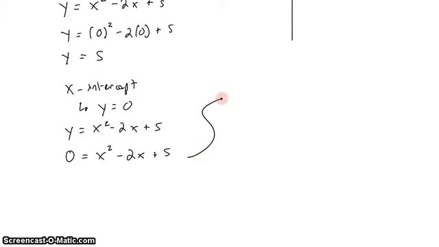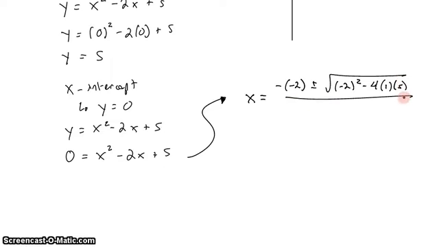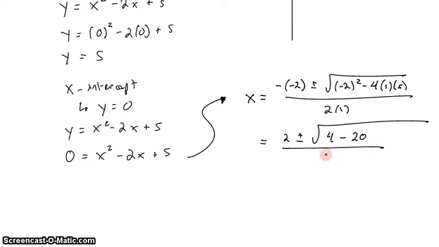So I think my first port of call here is either going to be polyroots if I have a calculator, or the quadratic formula. That's going to be negative b, so negative 2, plus or minus the square root of b squared minus 4ac, all over 2a. Negative negative 2 is 2, plus or minus the square root of negative 2 squared is 4, minus 4 times 5 is 20, all over 2.